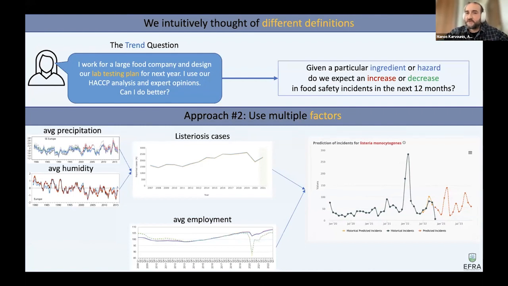And just to give you a very simple example, maybe the average employment of an area and how it affects how careful food processors can be when they do their processing. This also affects the listeria incidents. So by taking all these factors into account, we can have a more accurate prediction of the final shape, the final projected future time series of any hazard we are tackling.